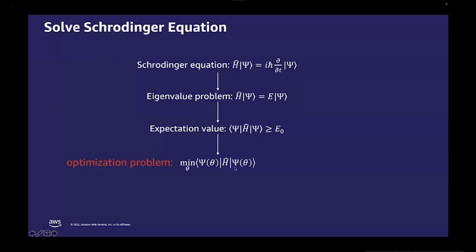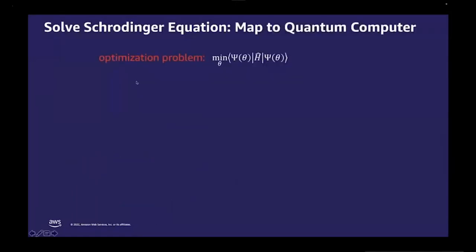We do it by parameterizing the wave function, psi theta, and our Hamiltonian H is mapped to our quantum computer, because H corresponds to the system that we care about, maybe some molecules. Given that we model it as an optimization problem, the following question is how we can map it to a quantum computer.